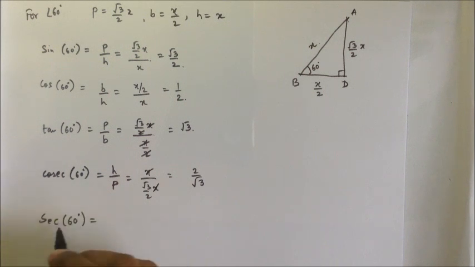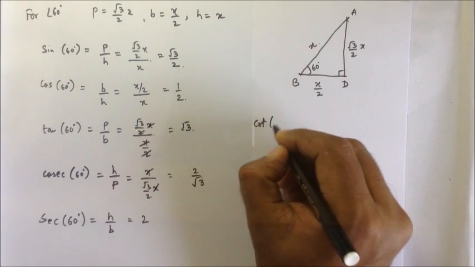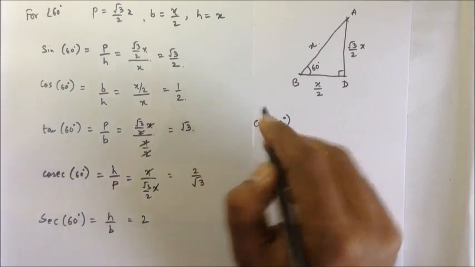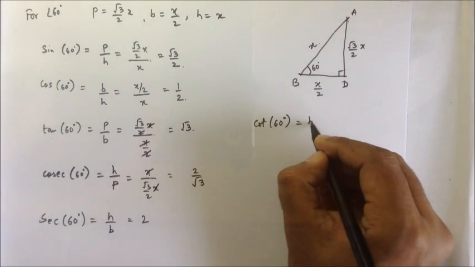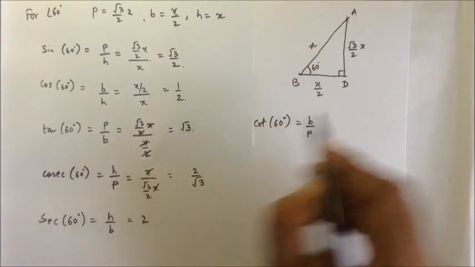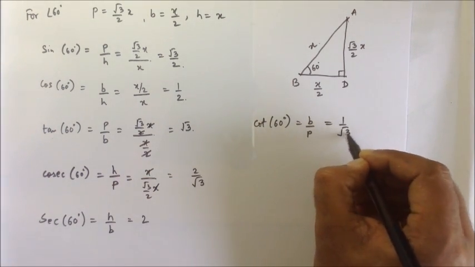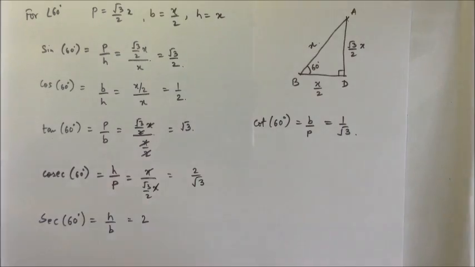Now I'll use the concept that sec is hypotenuse upon base, which is effectively the reciprocal of cos, and this would come out to be 2. And the last would be cot of 60 degree. Cot being the reciprocal of tan, we know it is base upon perpendicular, so this would come out to be 1 by root 3.